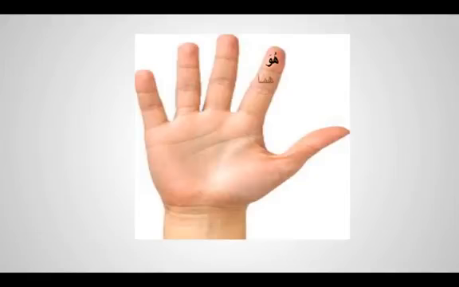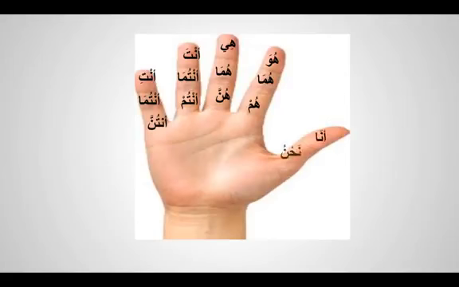So we do huwa, huma, hum, hiya, huma, hunna, anta, antuma, antum, anti, antuma, antunna, ana, nahnu. And at the same time, we're going to practice our verb conjugation as well. I understand some people are having difficulty in understanding the verbs. The more you write and practice them, inshallah, it will be easy.